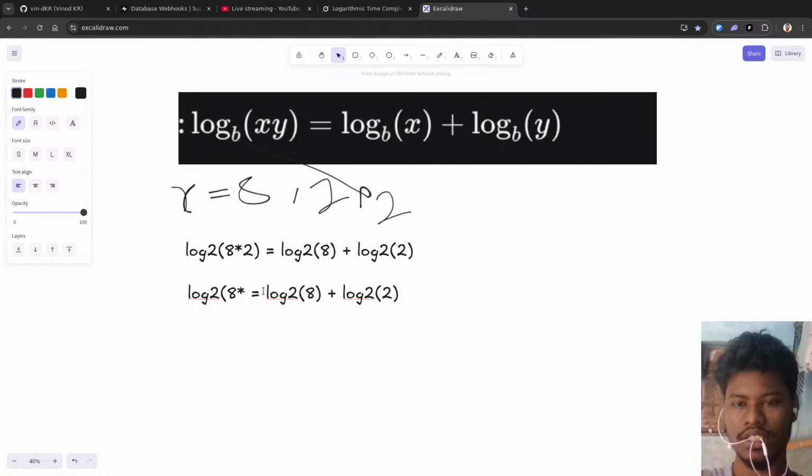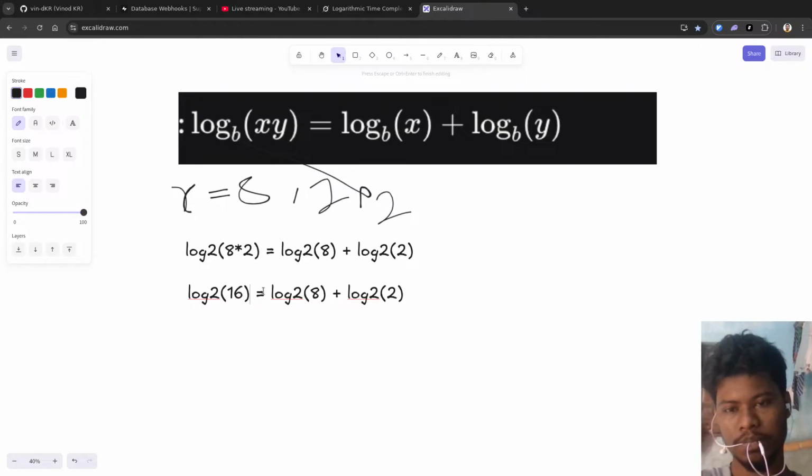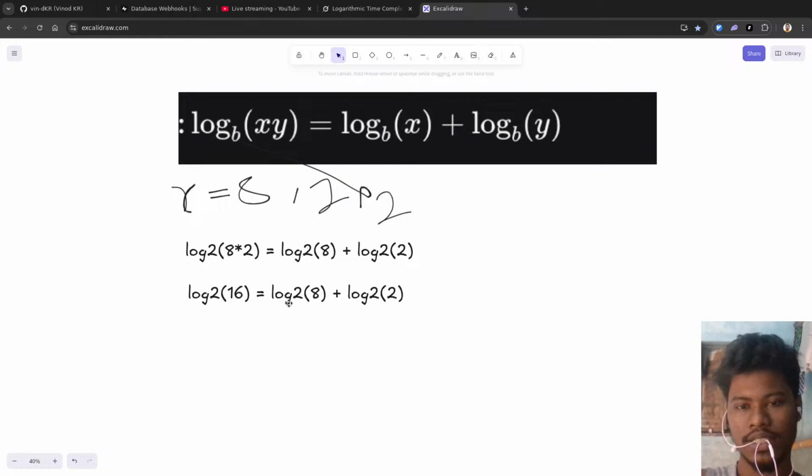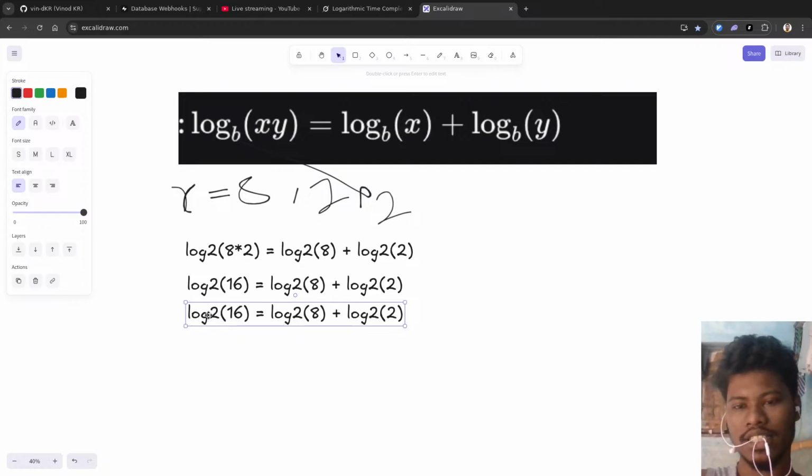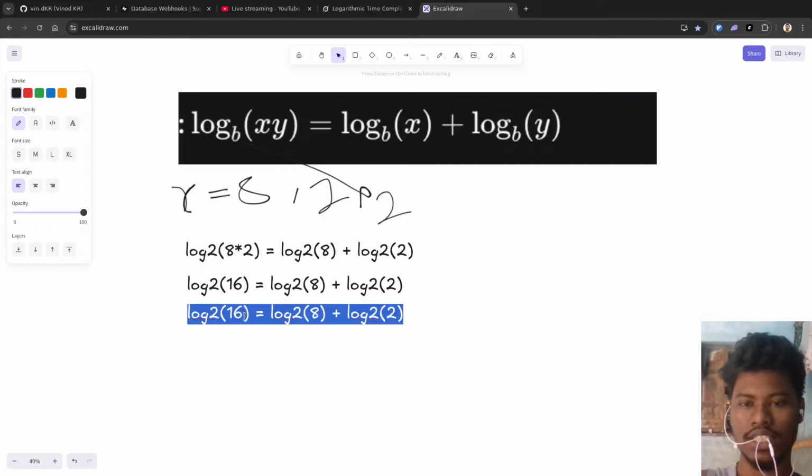Correct. And what we know is that 2 to the power 4 gives 16.